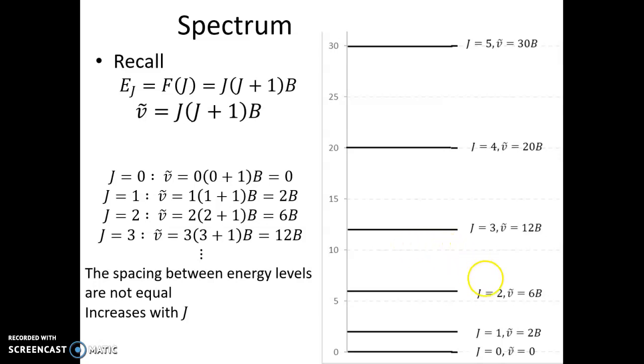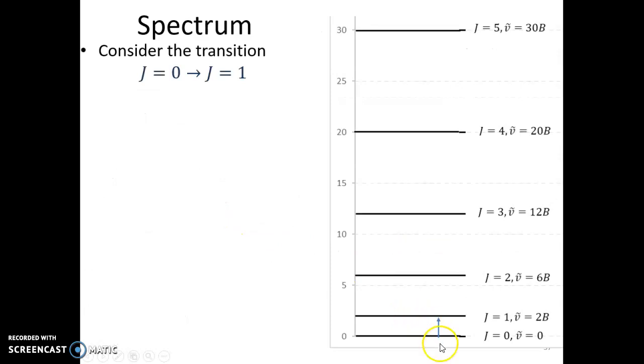So if we try to go from J equals 0 to J equals 1, in the ground state again, the molecule is not rotating. So from the ground state, we're considering absorption now. From the ground state, J goes from 0 to J equals 1, and the energy required is about 2B. So it's just 2B minus 0.